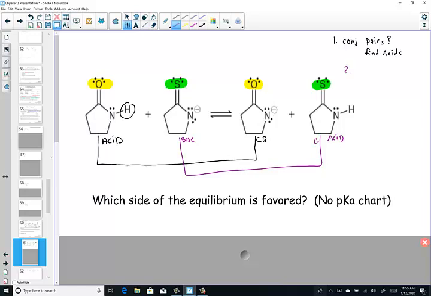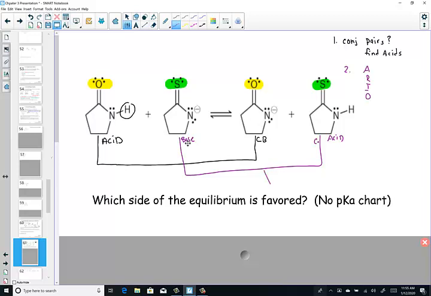And now without a pKa chart, I would have just said, go to the chart and find their Ka values or their pKa values and decide which one is the weaker, knowing that that would be the side being favored. But we don't have a pKa chart. So let's use and kind of influence ARIO to decide which side is now going to be favored. And it has to do with the ability to stabilize the negative charge. So what did we say the difference was?